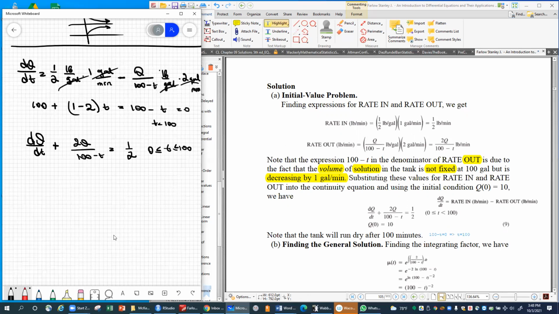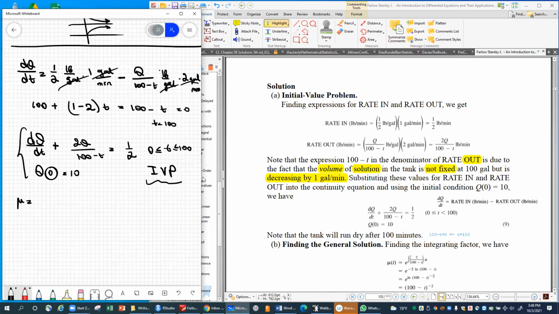The initial amount of salt we were told was 10 pounds. So that's the ODE plus the initial condition, meaning the initial value problem, the IVP we're trying to solve here. It's still linear, so we still apply the method.